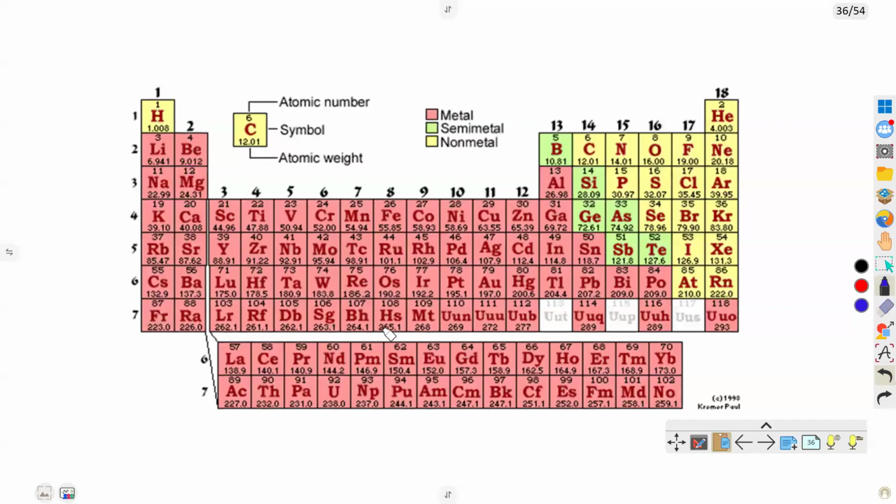Now, I want to show you the periodic table, and I want to show you something interesting here. You see these group numbers, right? Group numbers are the columns at the top. So we have group 1, we have group 2, 3 through 12. We're just going to skip over a little bit. Group 13, 14, 15, 16, 17, and 18. Now, here's what I find interesting about this.